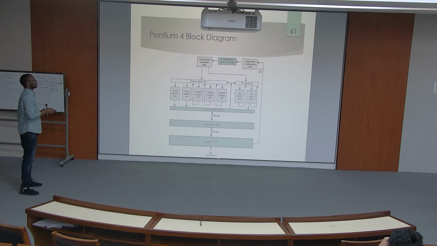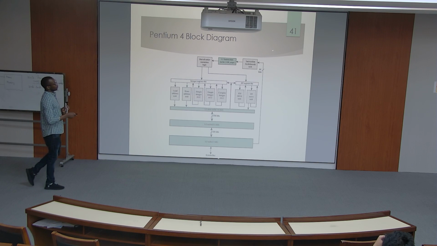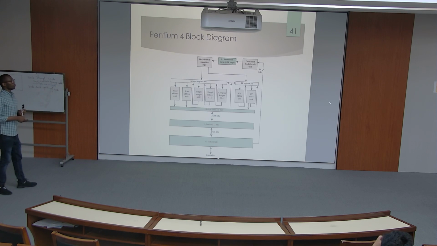Then we have the L1 instruction cache, which is 112K. This is the level 1 cache to store the instructions, as you can see. Then we have the decode and the fetch unit to fetch the instruction from the level 3 cache.